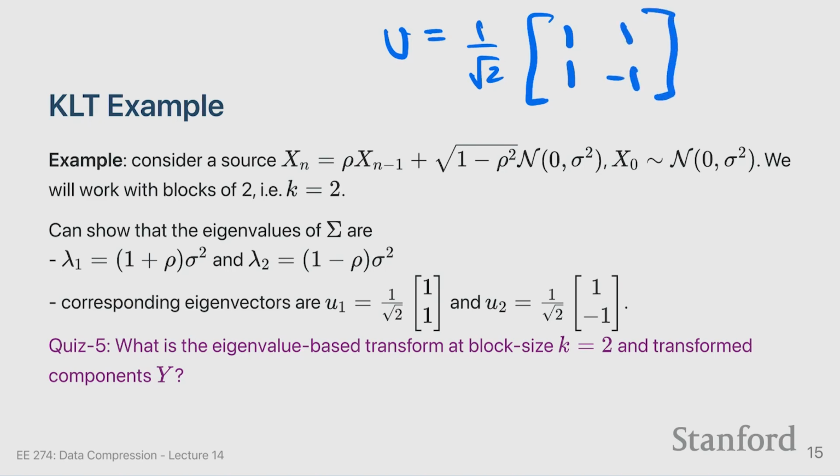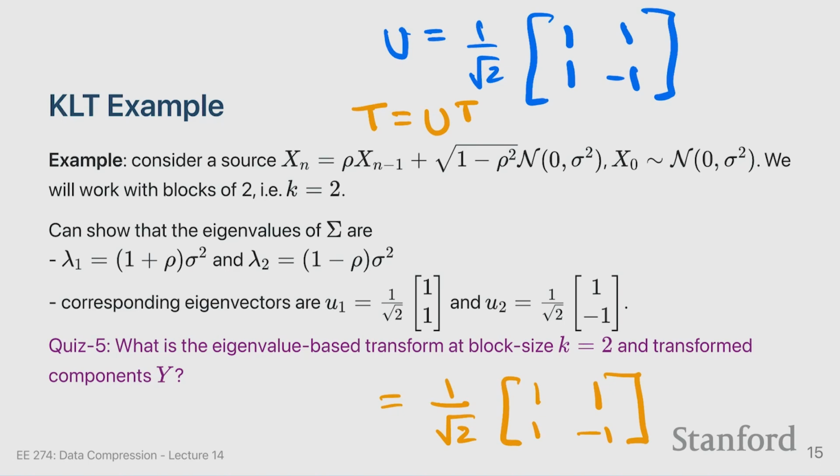And if you recall, our transform was U transpose, so that's going to be 1 by root 2 times the transpose. And then your Y is just T times X.